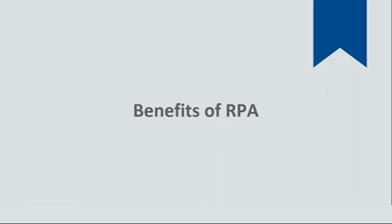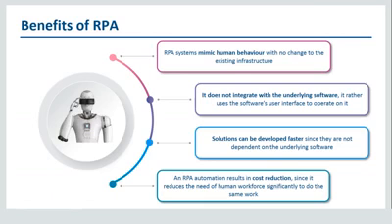Moving on, let's discuss the benefits of RPA, how you guys can get benefited from using robotic process automation. So RPA basically has 4 or maybe even more benefits, but let's discuss the most important benefits that you can take away by using RPA. So like I said, RPA systems mimic human behavior with no change in the underlying technology.